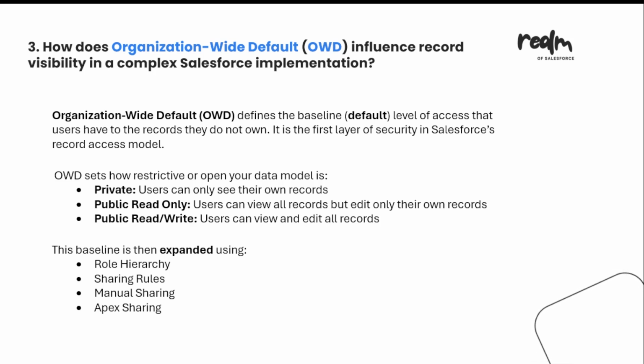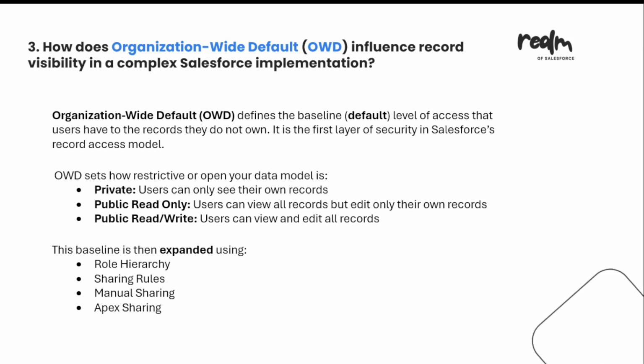If you set it as public read only, users can view all the records, but they can edit only their own records. So only the owner of the record can edit it, but all the other users are able to view it. In case of public read/write, users can view and edit all the records. So every user can view all the records and also edit all the records.